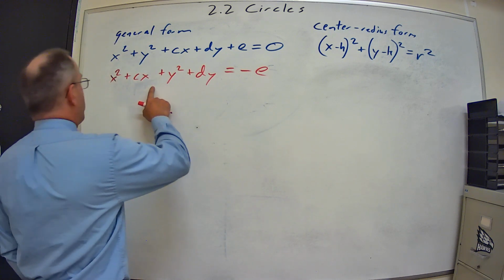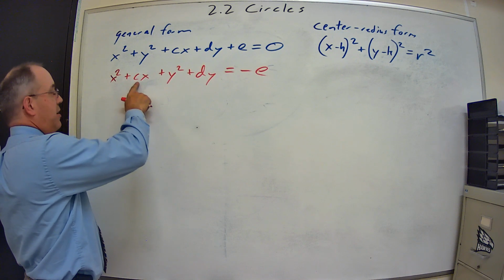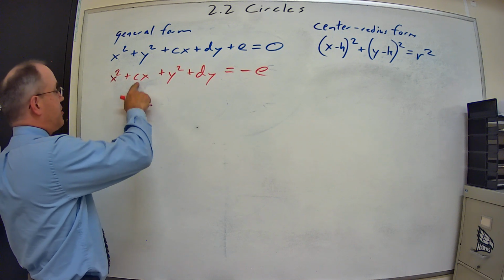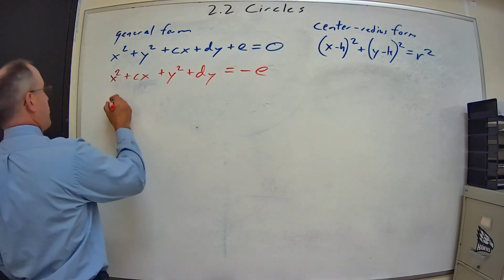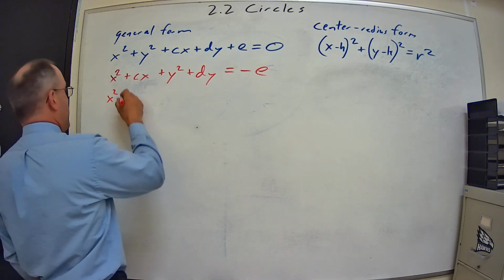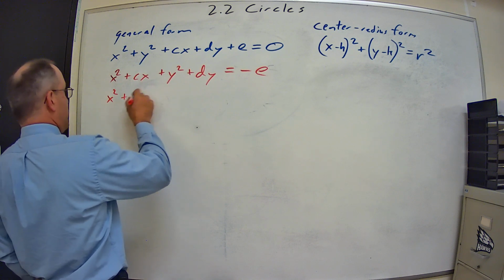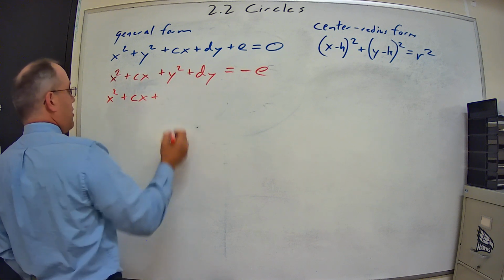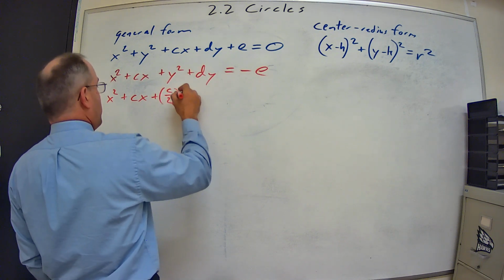Well, if we're completing the square, we're going to take half of the x coefficient, so this c, and square that to get the other term. So we've got x squared plus cx plus c over 2 squared.